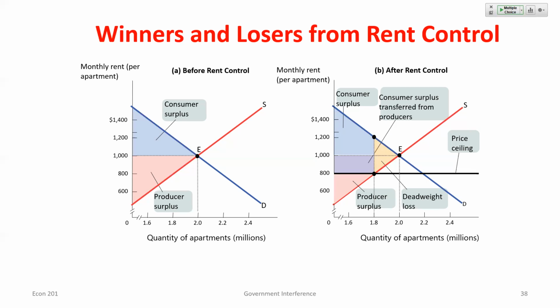If I can find the area of rectangles and triangles, which hopefully we can: triangle is base times height times 1/2, and rectangle is length times width, or base times height, whatever terminology you want to use. I could figure out what consumer surplus is now and what producer surplus is now. If I add those up, that's the total surplus in the market, and deadweight loss would just be the difference between that and what total surplus was before the price ceiling.